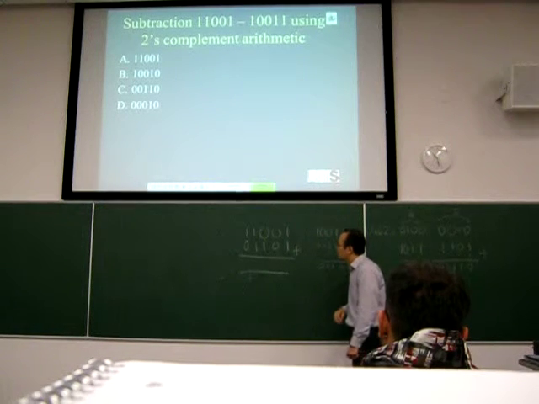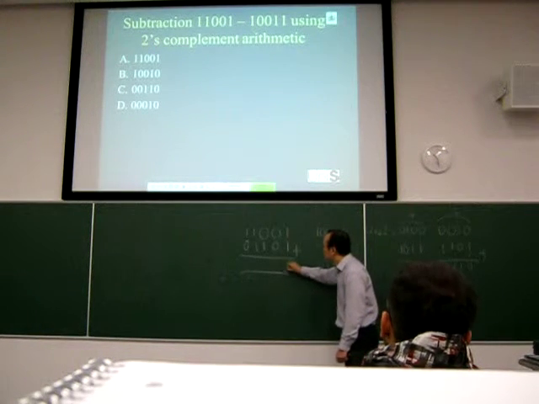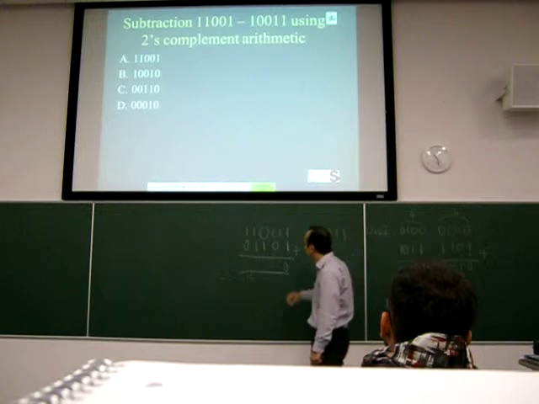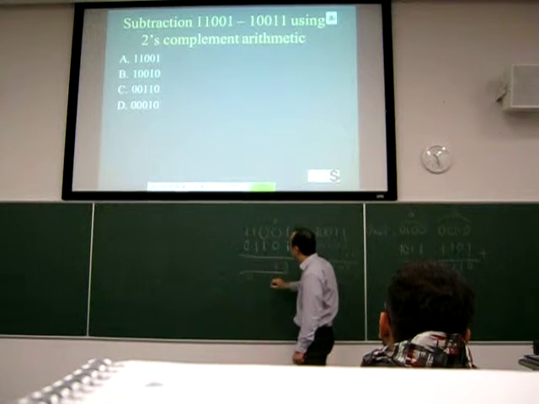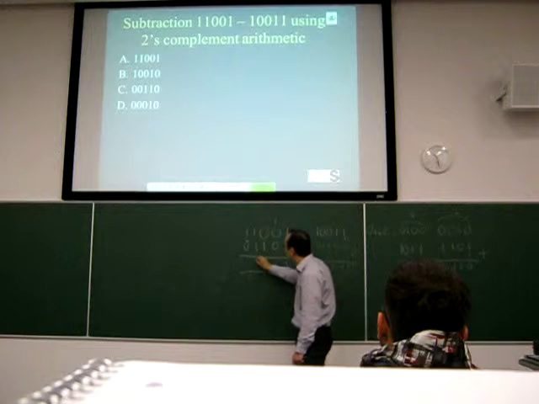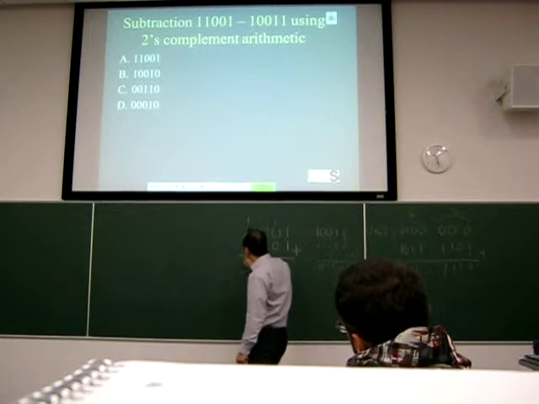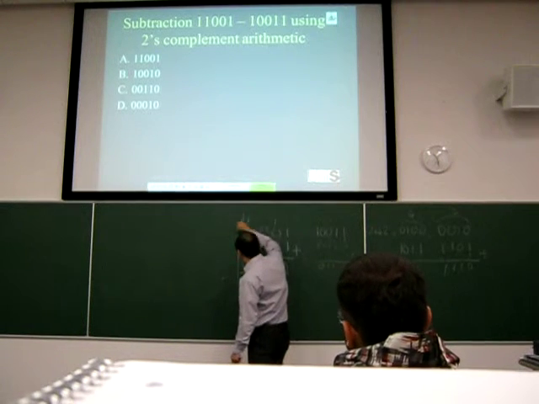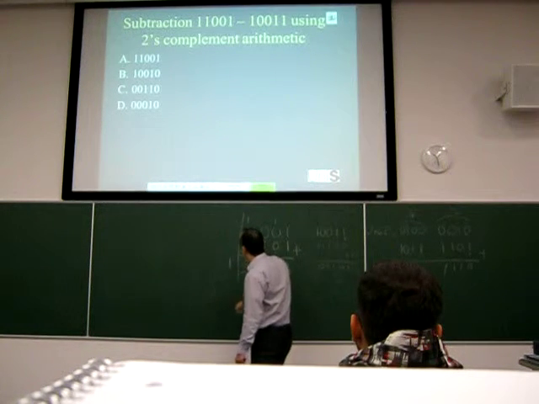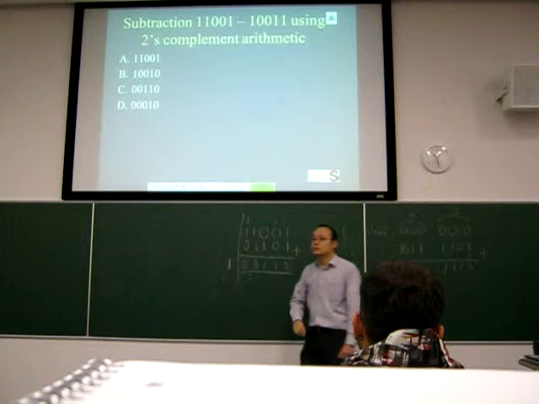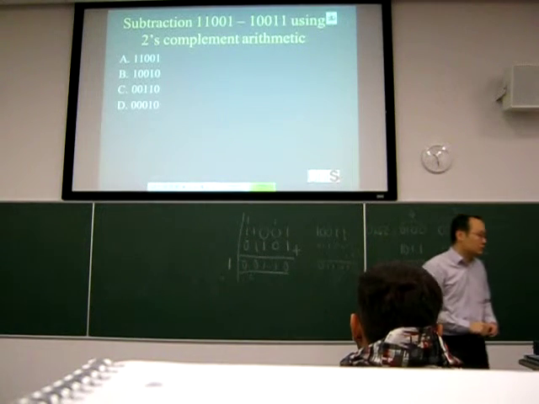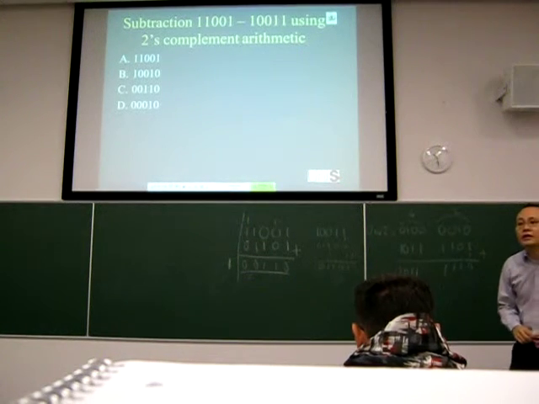We add them. 0. I think 1 is here. 1, 0, 1. 1 and 1 give me a 0. And then I have it carry forward here, right? Or did I get that wrong?